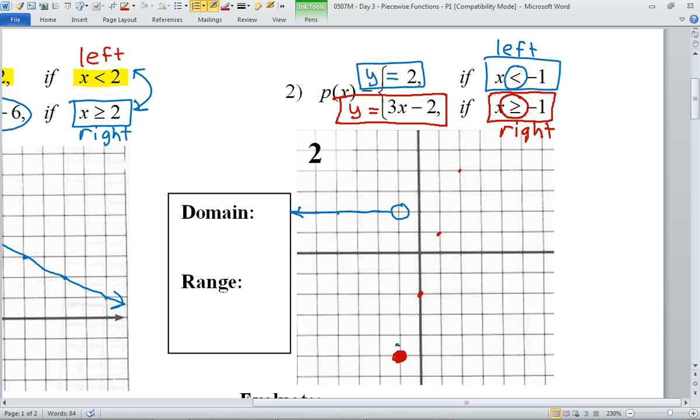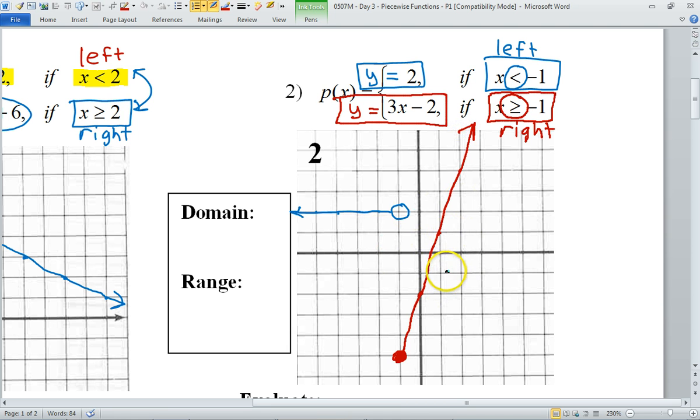Because I'm thinking of x values. This is the dot that has an x value of -1. Does that make sense? All right, Street, do you understand why I'm picking this one? Yes. And of course, I'm going to graph to the right this time. So this is the side that I will graph.